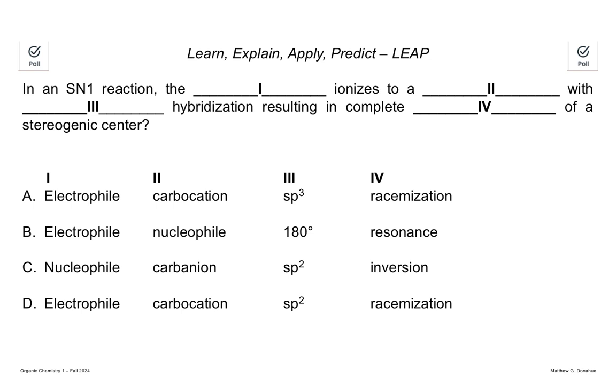In an SN1 reaction, the electrophile ionizes to a carbocation with sp2 hybridization, resulting in complete racemization of the stereocenter. So that is, I think, D. Any questions?